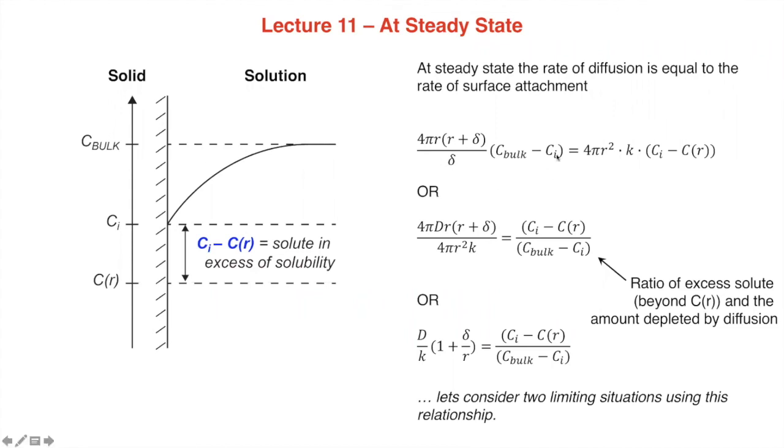And so you can set these two growth rate equations equal to one another, the surface attachment one and the diffusion one, and move things around and get down to a pretty simple equation where the amount of solutes that are in excess of the solubility and the amount of solute that's depleted by diffusion, this ratio is just the ratio of the diffusivity of the monomers over the attachment rate constant.